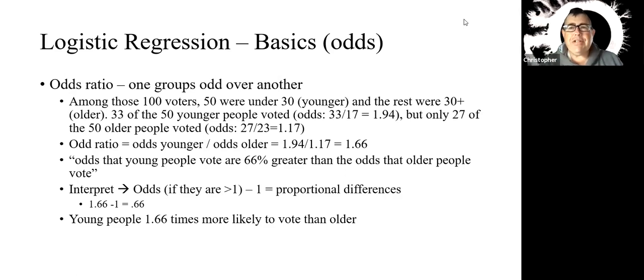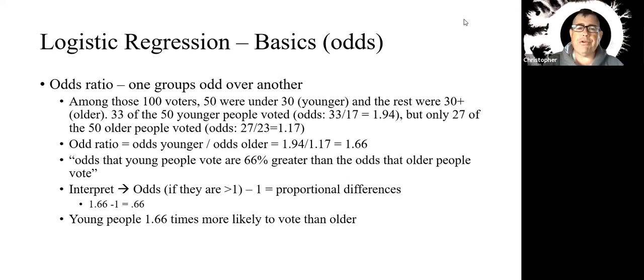The odds ratio, we can take the odds of younger people voting over the odds of older people voting. We just divide them by one another, and it gives us an odds ratio of 1.66. A couple of ways to interpret this. One thing you see in some textbooks is you take the odds ratio minus 1 if it is greater than 1.